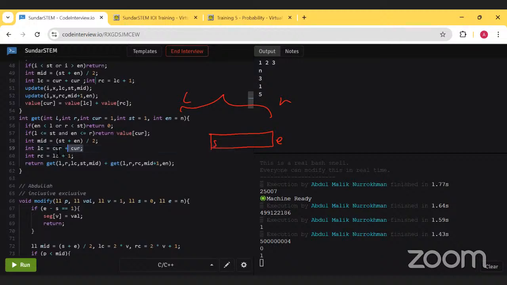And to find LC using plus, and this is faster.